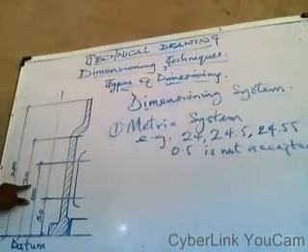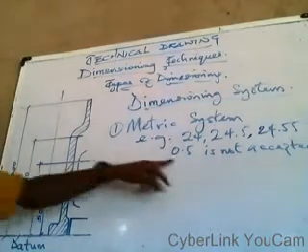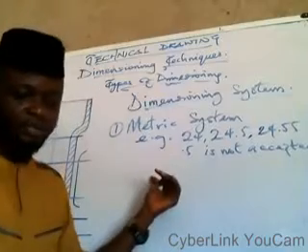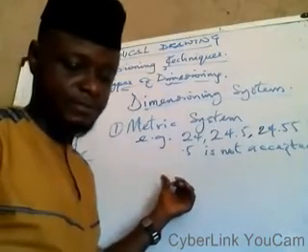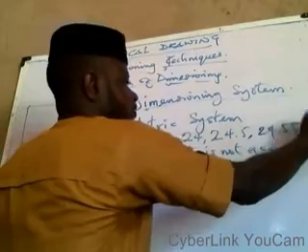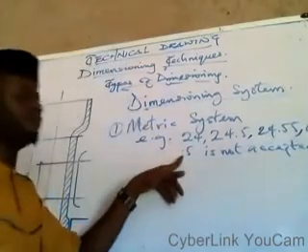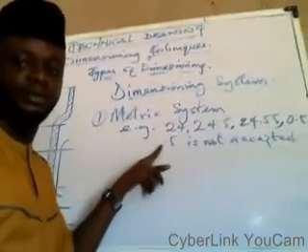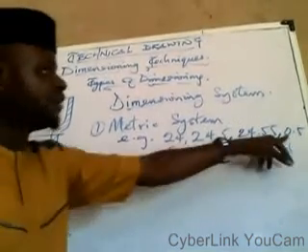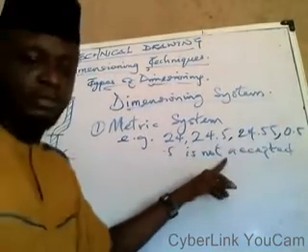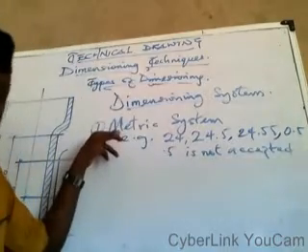If you want to dimension this place now, you write 0.5. So you don't put 0 at the back, just write 0.5. 0.5 is accepted here, but .5 without the 0 at the front is not accepted under the metric system.